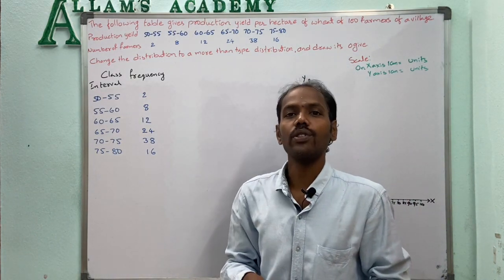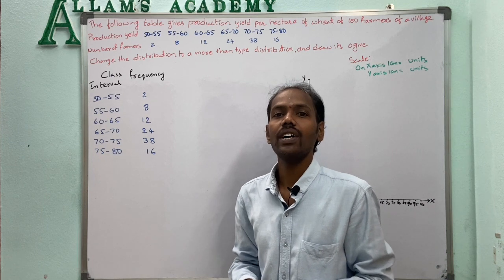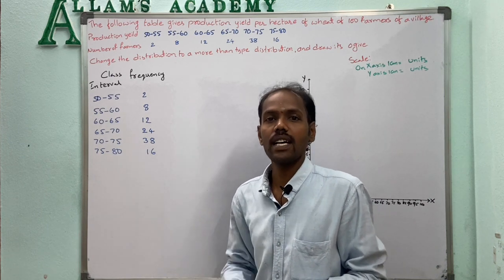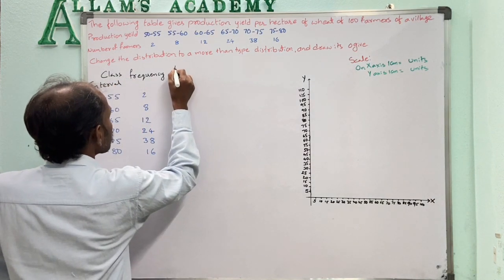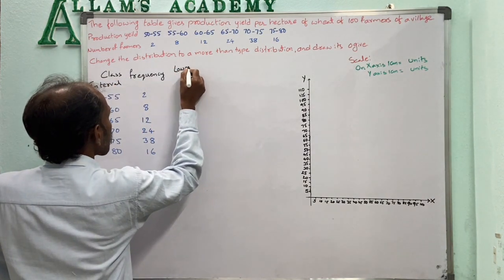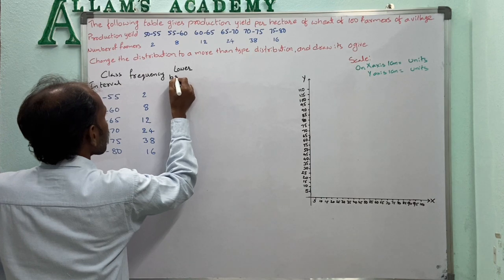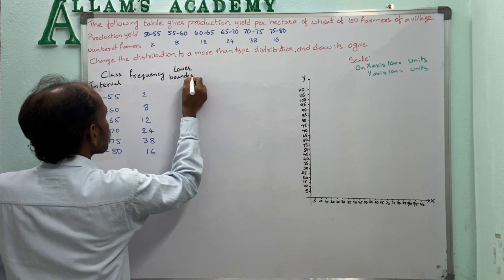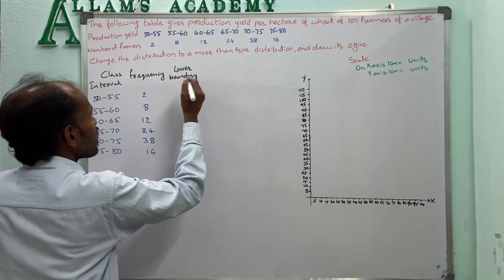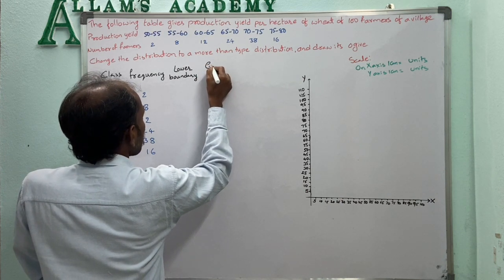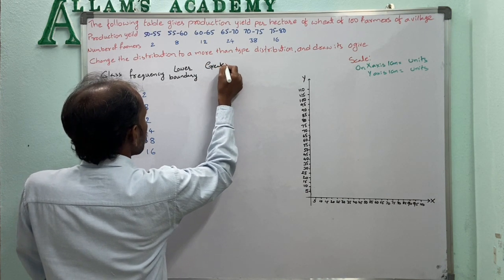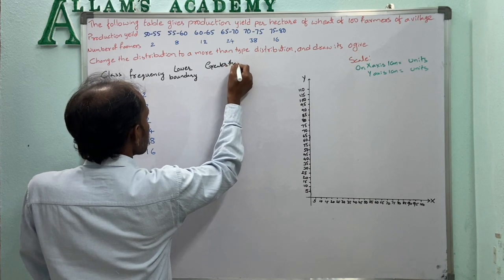So for the More than type Ogive curve, on the x axis we have to take lower boundaries, and their corresponding ordinates are the greater than cumulative frequencies.